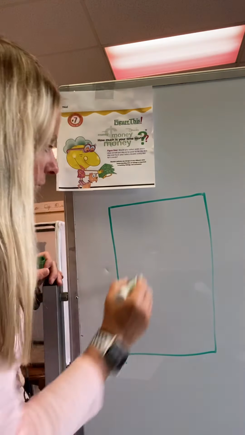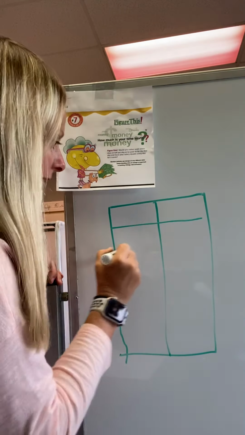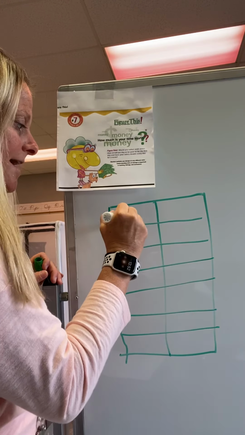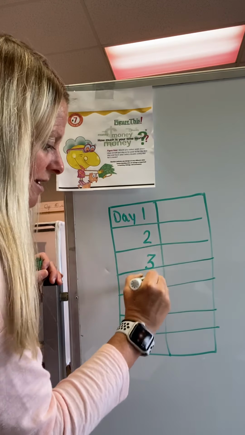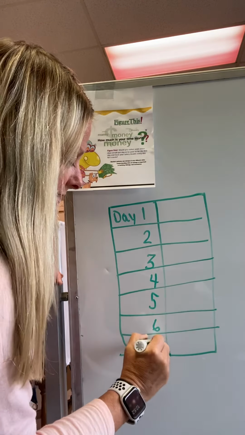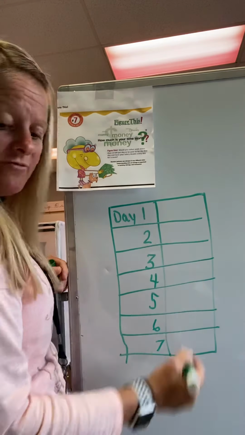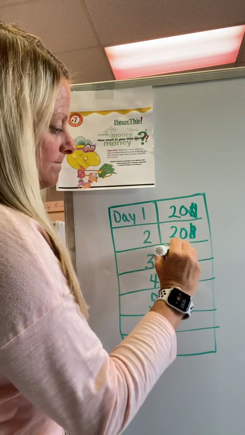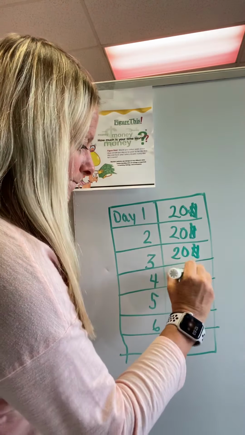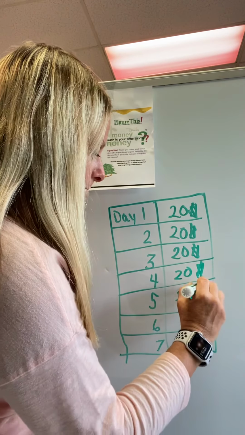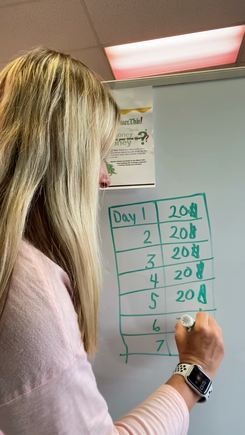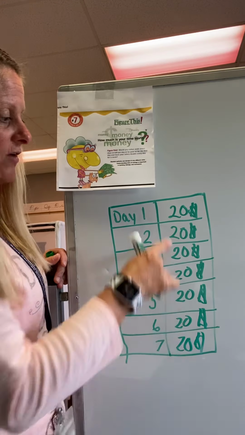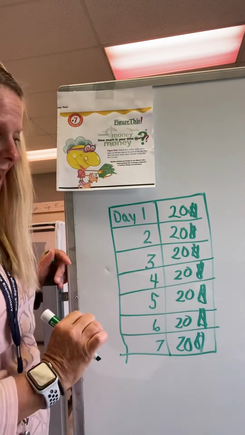If I create my own little chart with 7 days, day 1, 2, 3, 4, 5, 6, and 7, each one of these days I would get paid $20.